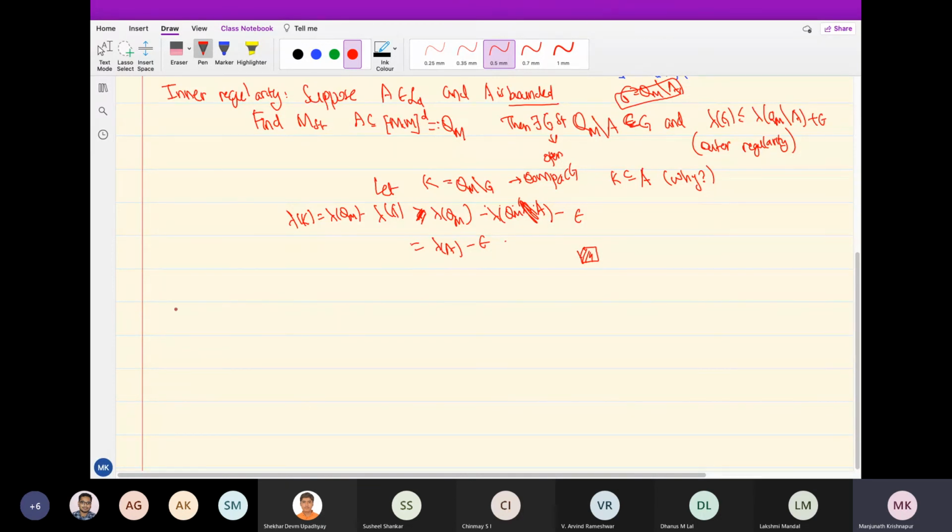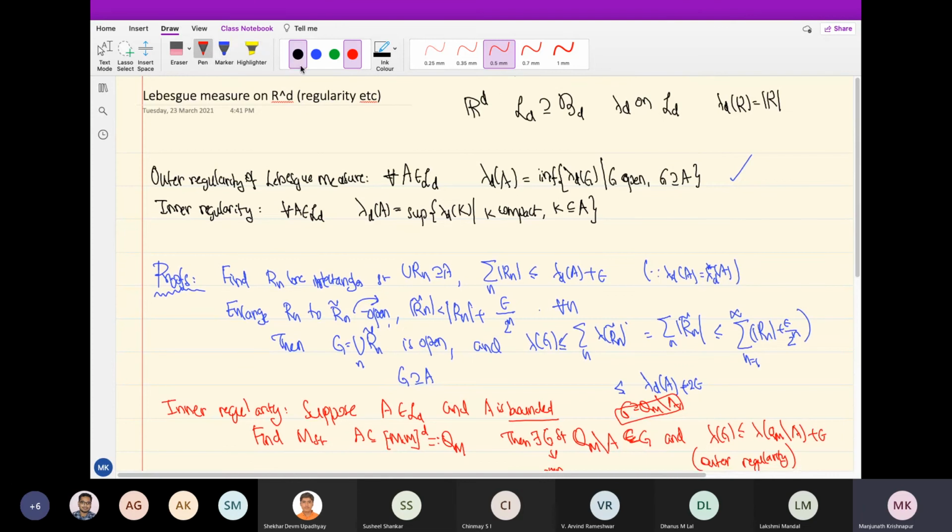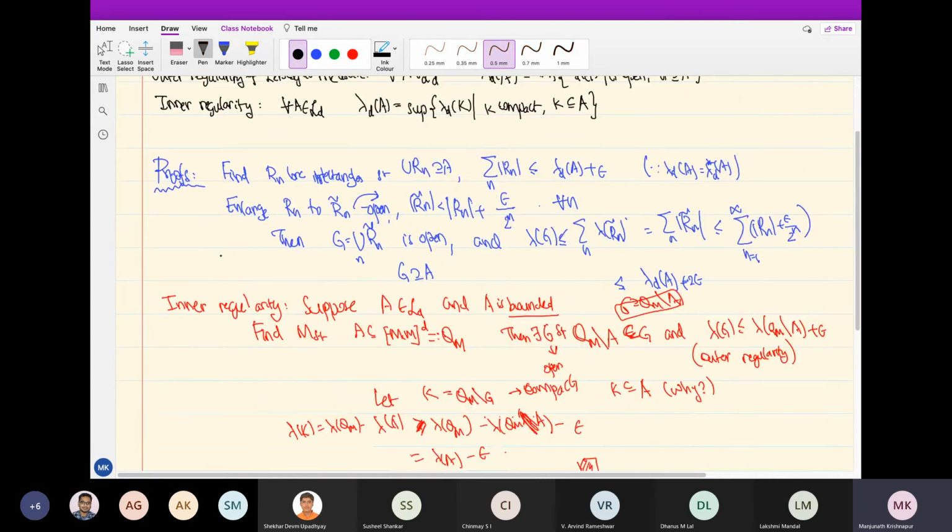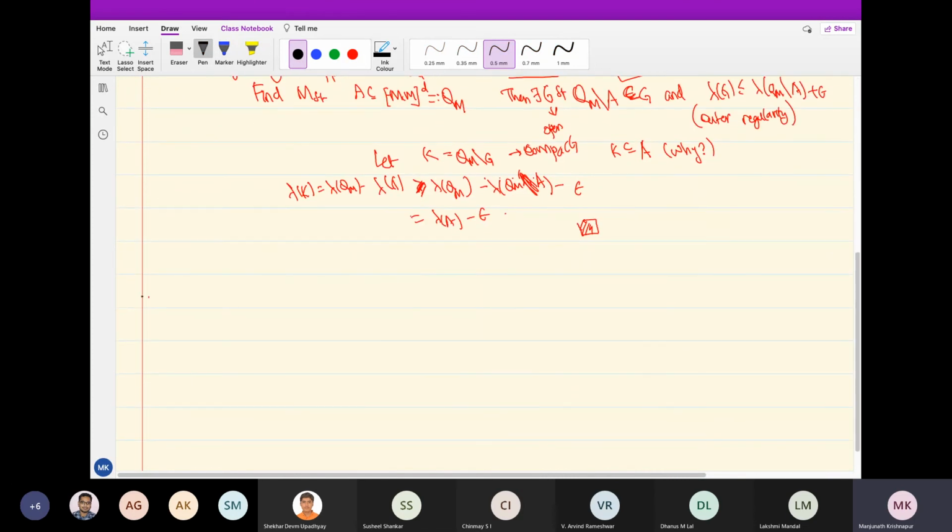So let me just say something interesting about the Lebesgue and Borel sigma algebra. Okay. So this is not the key point. As I said, I'm not going to do it in a particular order. So here is another point.